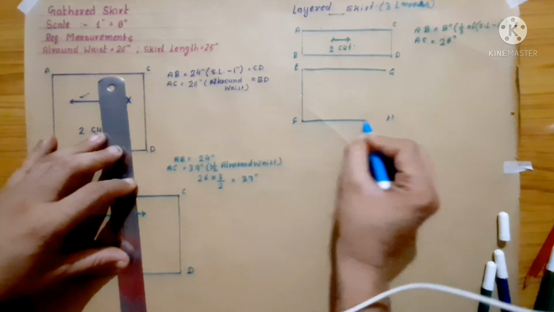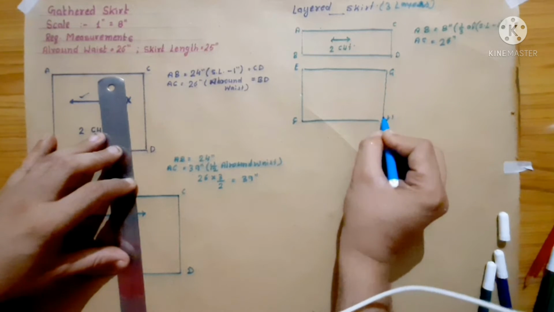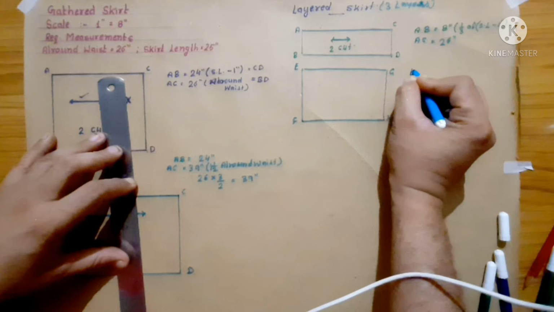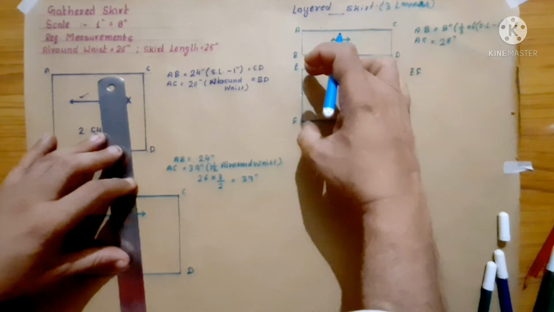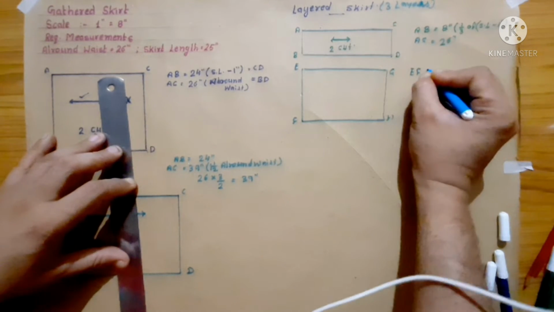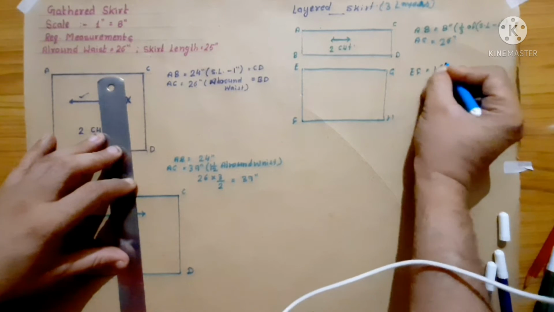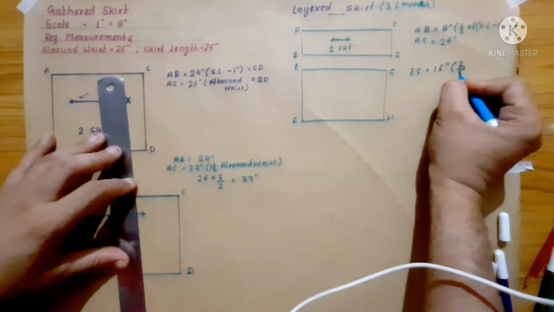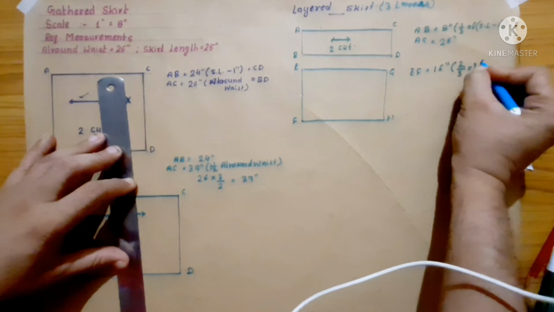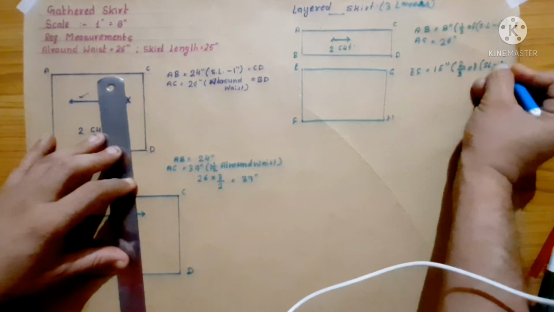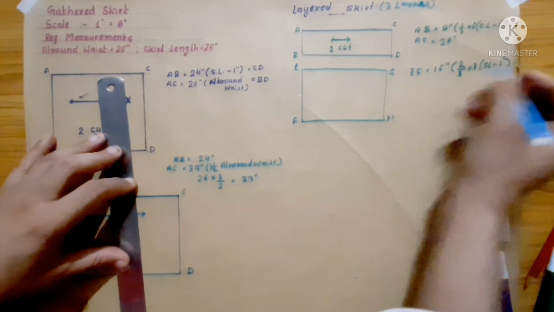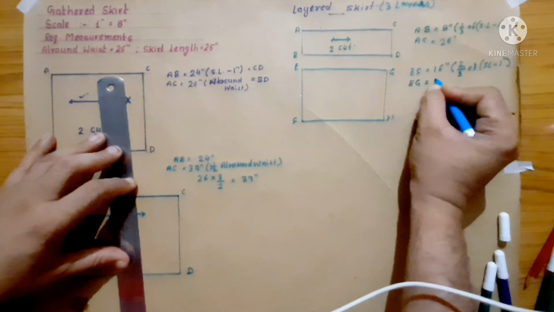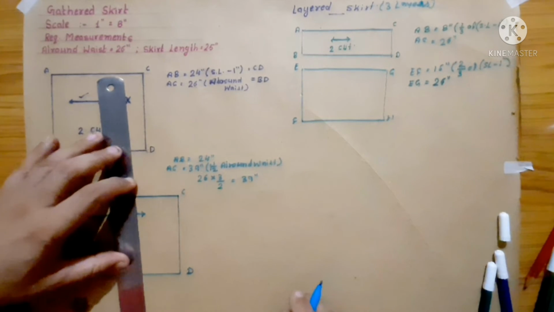I'm making it roughly. EFGH, where EF, you have to take care of this. What it would be? It would be 16 inches. That means 2 by 3 of skirt length minus 1. EG 26 inches, same.